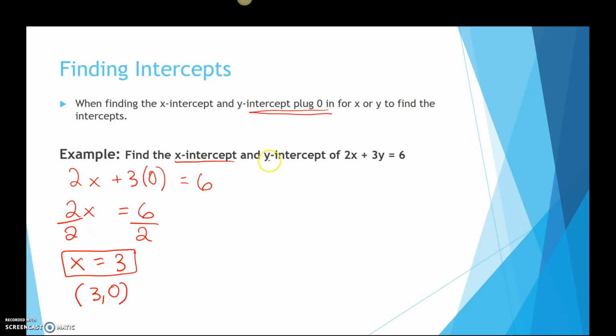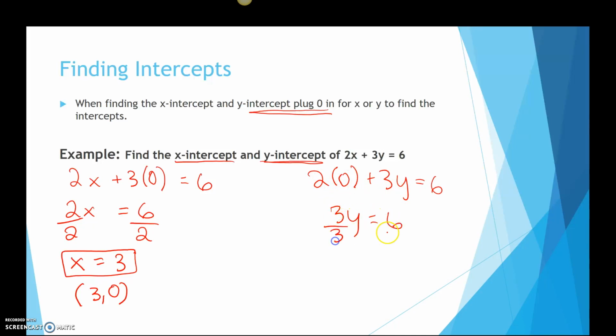The next part, so there are 2 parts of this, is we want to find the y-intercept. So we have here 2x. Now we're finding y, so we're actually going to be plugging in 0 for x, plus 3y, and that's going to equal 6. So here we're solving for y. 2 times 0 is just 0, so we have 3y equals 6.